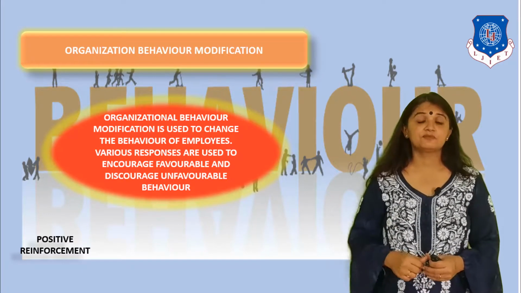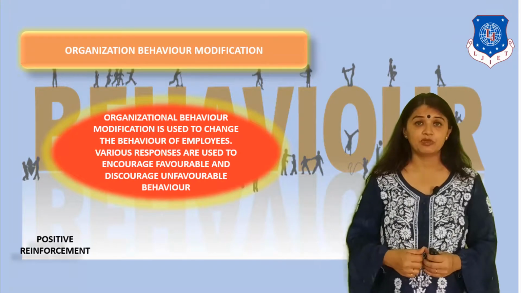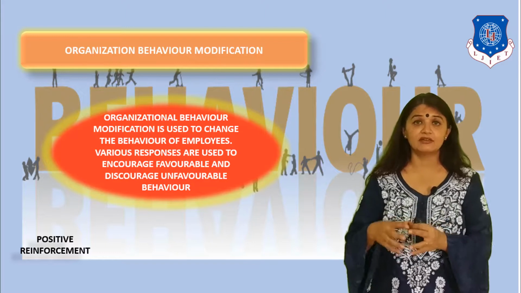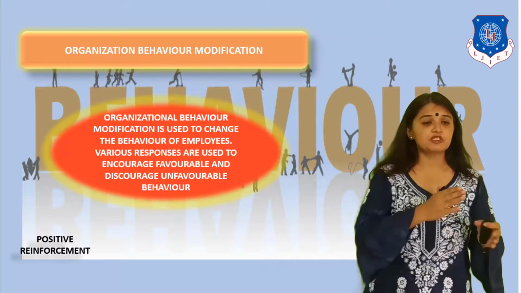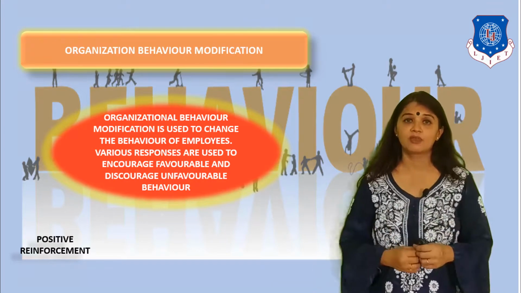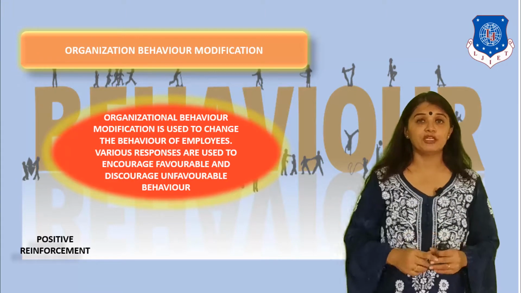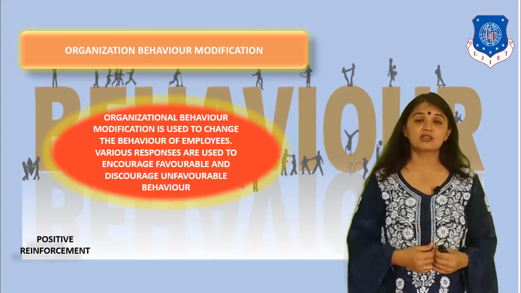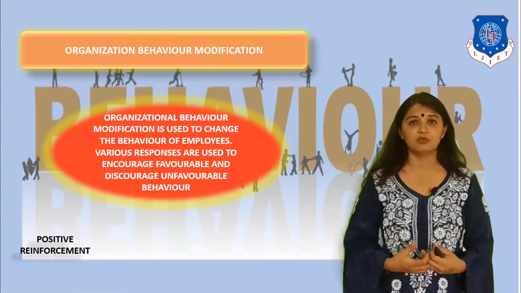For example, if a project completion is required in a certain manner by a particular date, then there will be smaller tasks or steps to be done to reach that goal. So at every step, whenever the employee shows favorable behavior, rewards are given, like some verbal appreciation or other rewards.